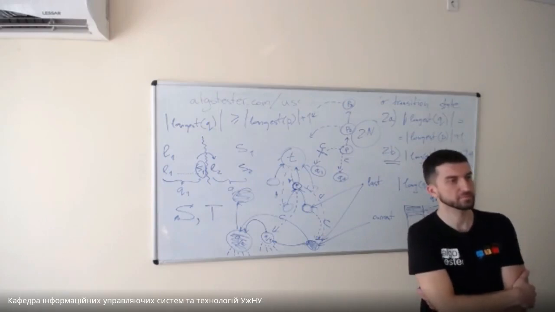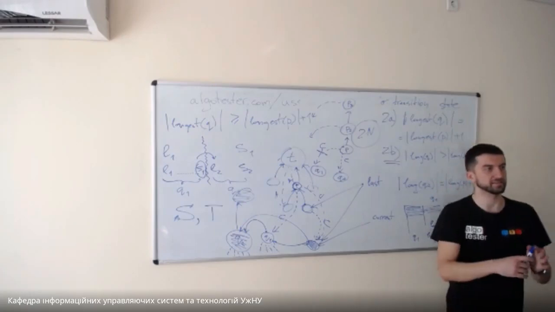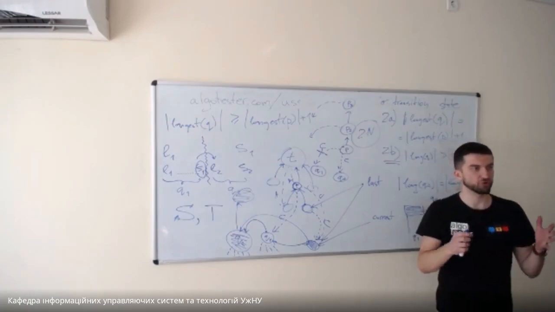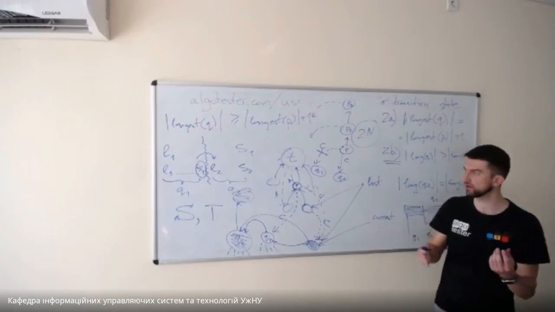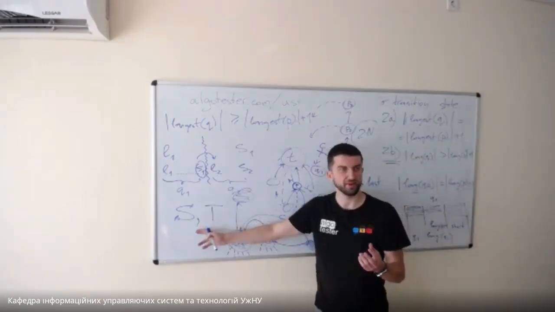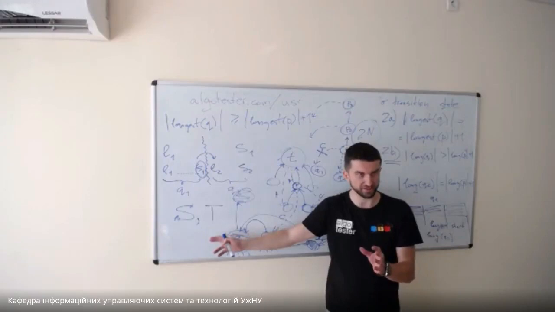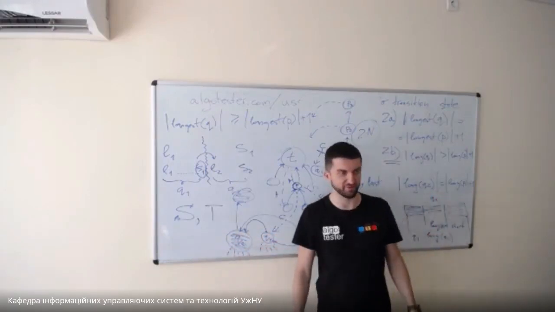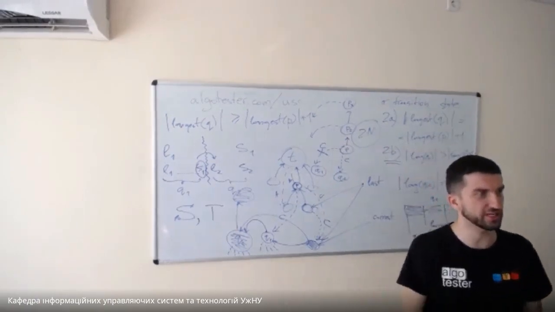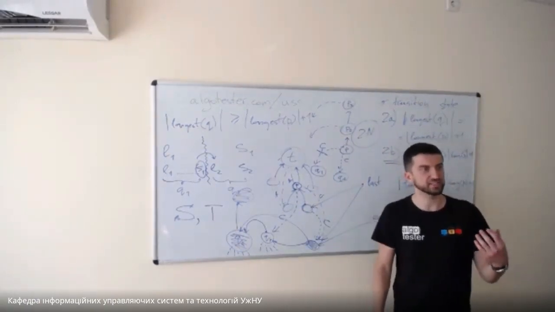I don't know. So again, like I said, for each substring of S, there is a path in suffix automaton. Okay, we can do dynamic programming. Absolutely. You can do dynamic programming because that's a bijection.